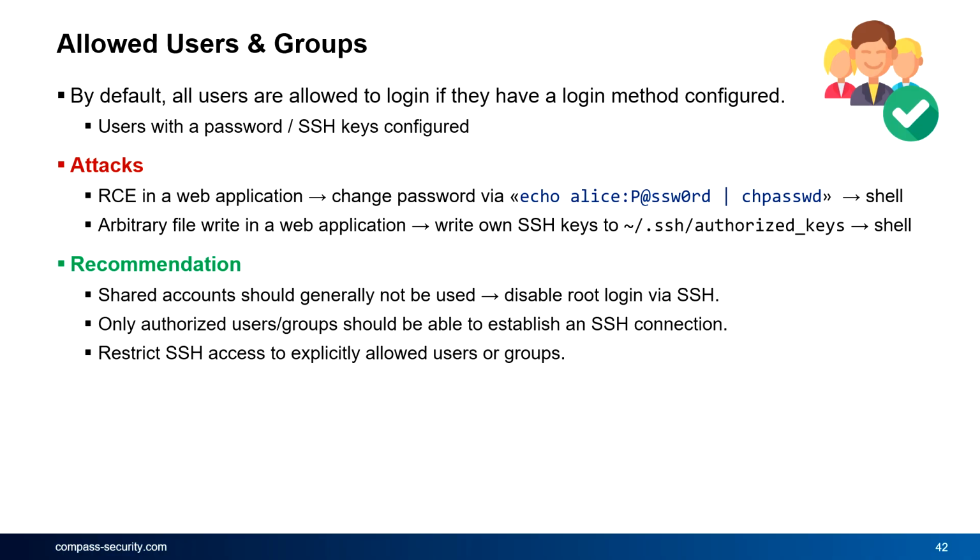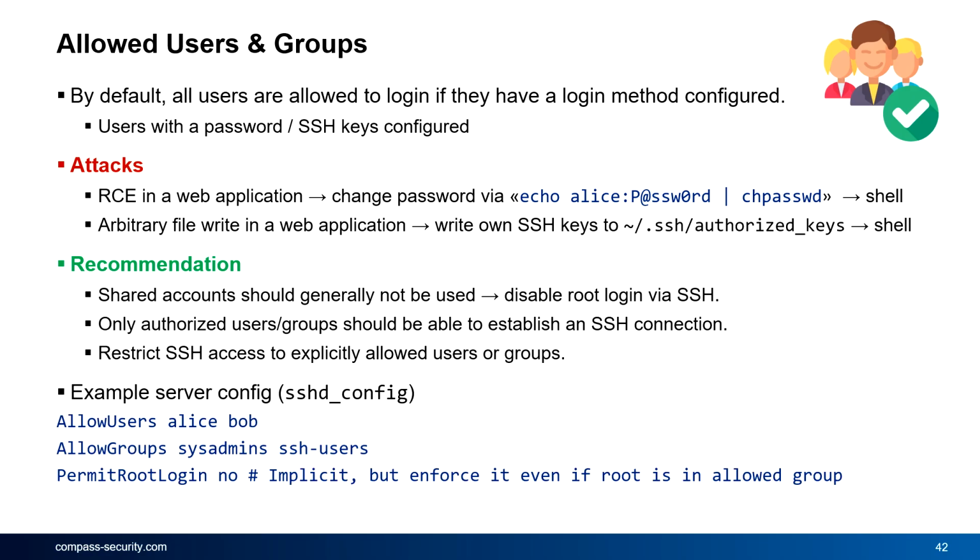Generally, shared accounts should not be used for traceability reasons, so you know who logged in at which time, and for this personal users are a bit more suitable. Then only authorized users and groups should be able to establish an SSH connection. In SSH, you have the possibility to explicitly allow certain users or groups.